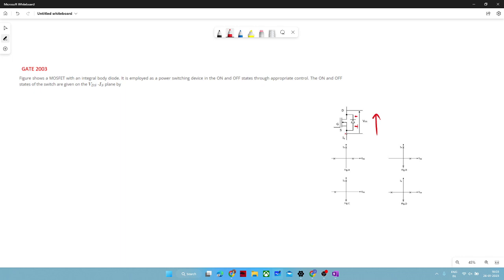We need to take this as a reference direction of the current. So first of all, with the visibility of the body diode, we can identify that current will definitely flow in the negative direction. So on the negative x-axis, it will definitely be crossed.